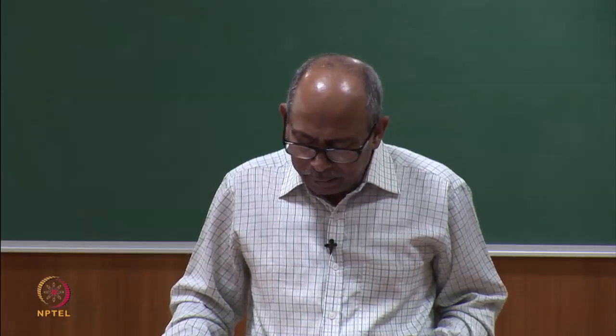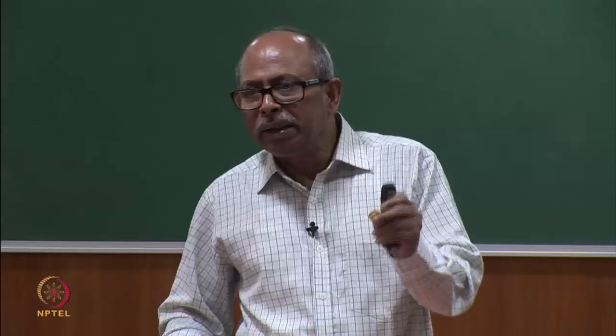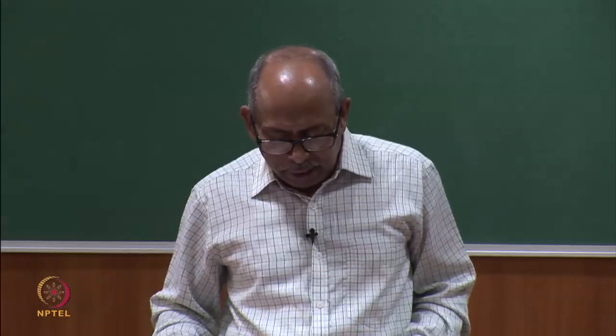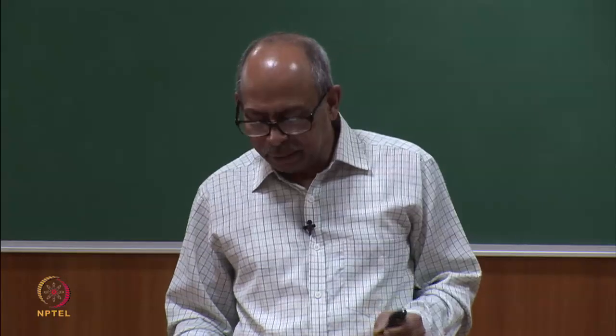Each DDC controller is identified by the number of points, that is, its connection with a number of sensors. Every direct digital control system will have a number of sensors. It is connected in modules of 4, 8, 16, 32, 64, 128, etc. More DDCs means each DDC is connected to fewer points.